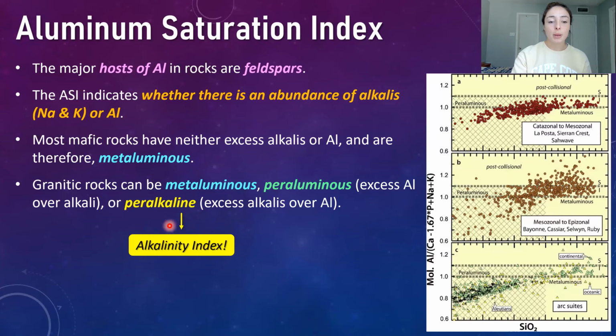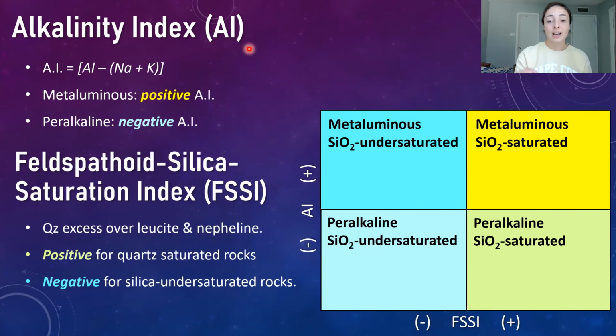But what about these peralkaline values? What determines whether something's peralkaline? Well, it's excess alkalis over aluminum, and this brings us to the alkalinity index, in which we also have to talk a little bit about the feldspathoid-silica saturation index, or FSSI. In terms of the alkalinity index, or AI, it's this formula, basically aluminum minus the alkalis, and that gives us a sense for how much aluminum over alkali content there is, or vice versa.